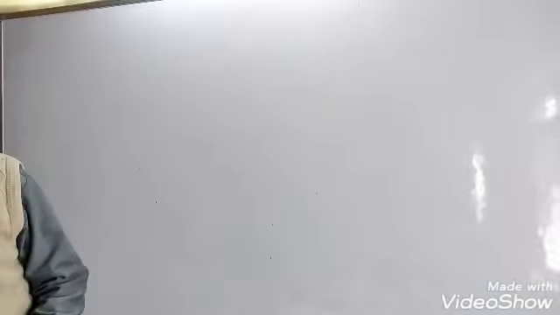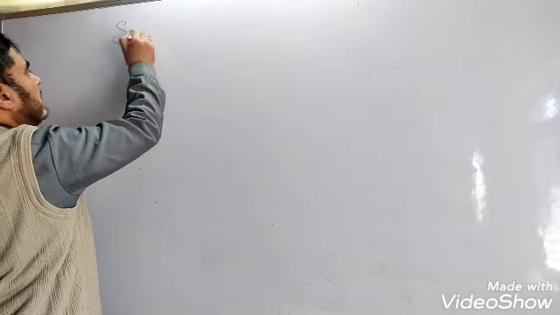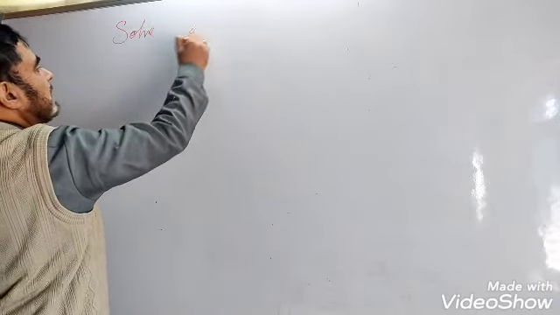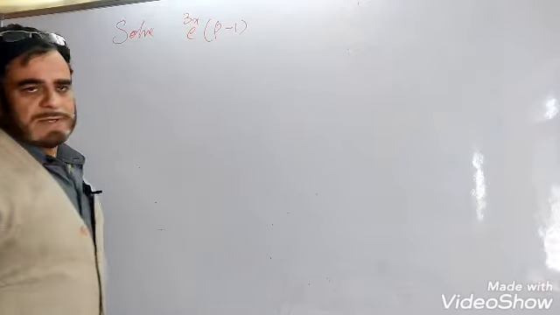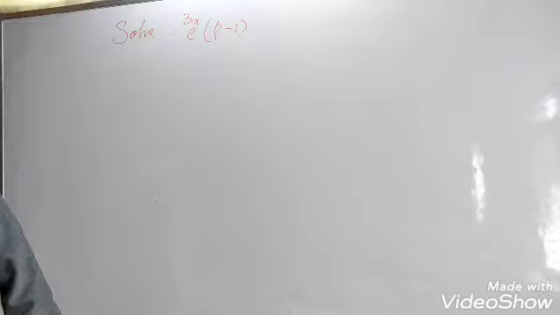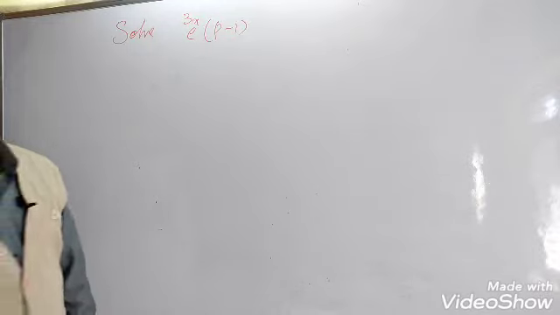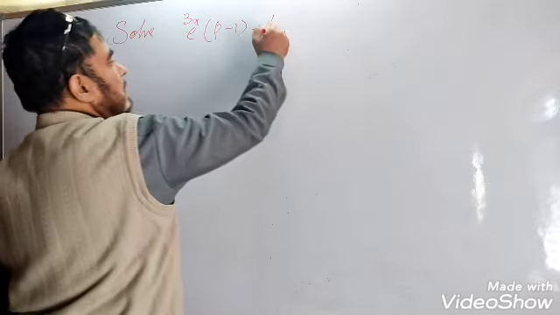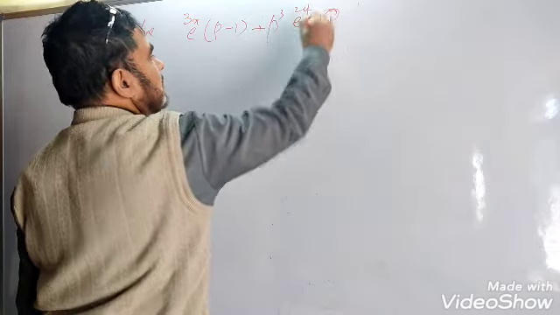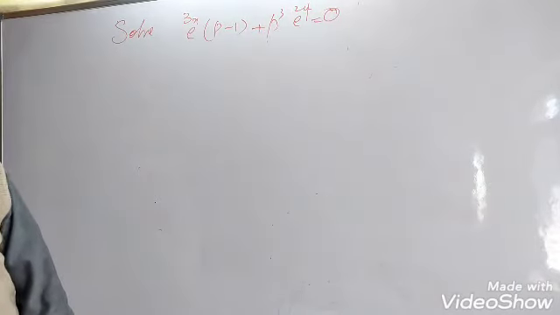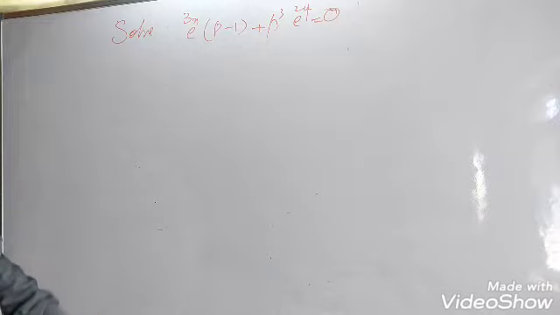Solve the differential equation e raised to power 3x into p minus 1 plus p cube e raised power 2y is equal to 0.